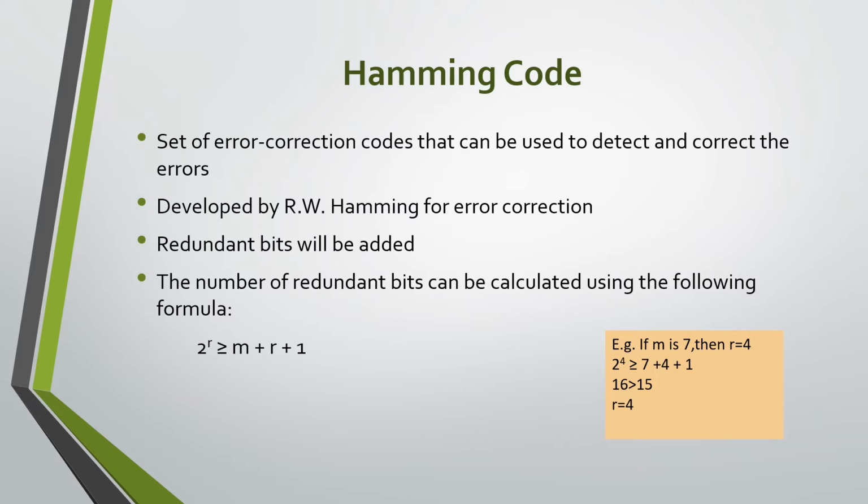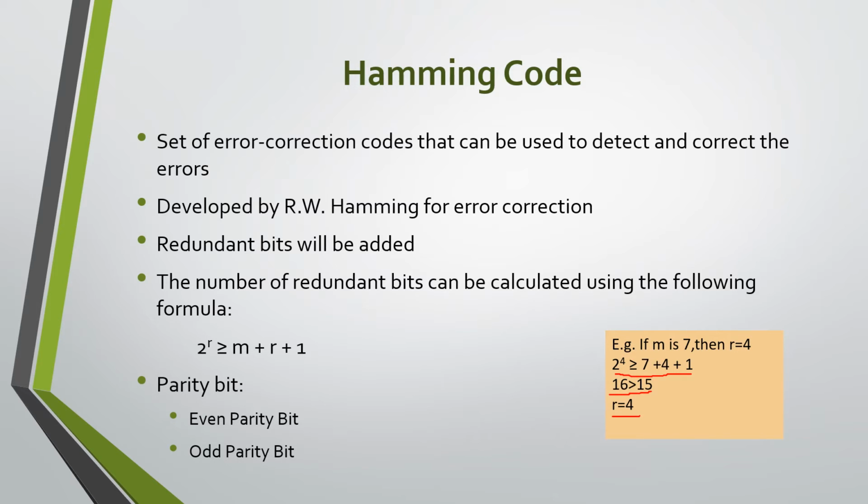So we choose the value of r as 4, then 2 raised to 4 must be greater than or equal to 7 plus 4 plus 1, and this condition becomes true when the value of r is 4. So the number of redundant bits must be 4.